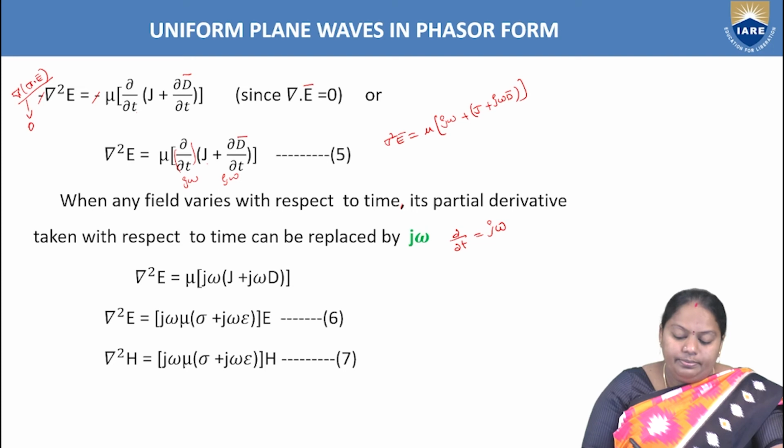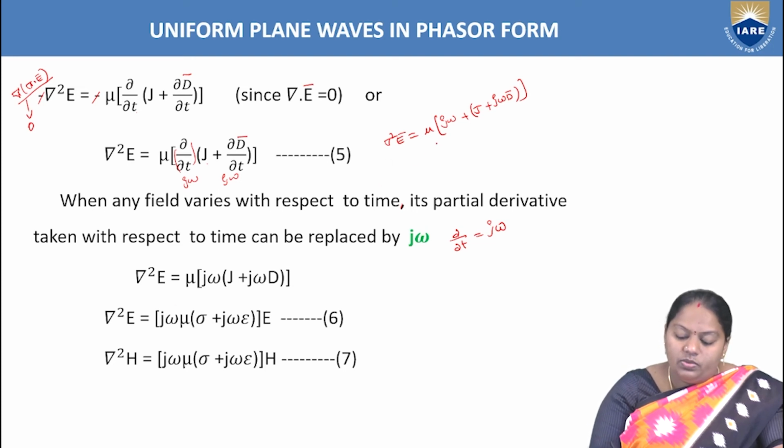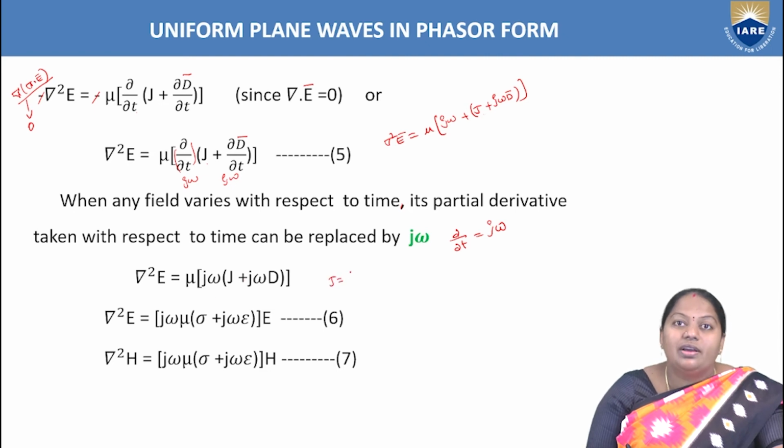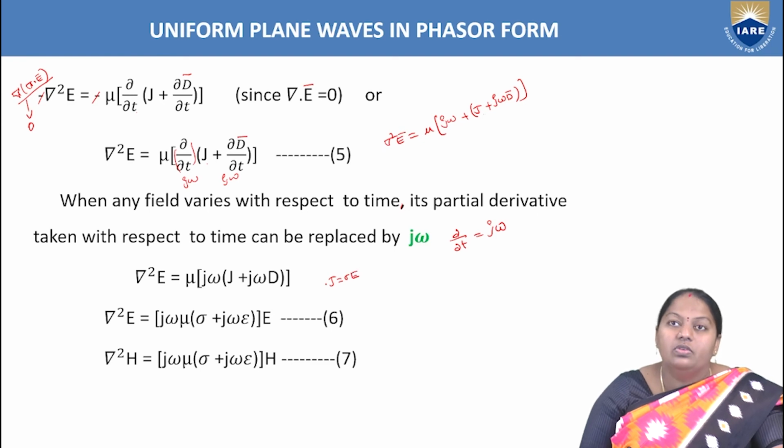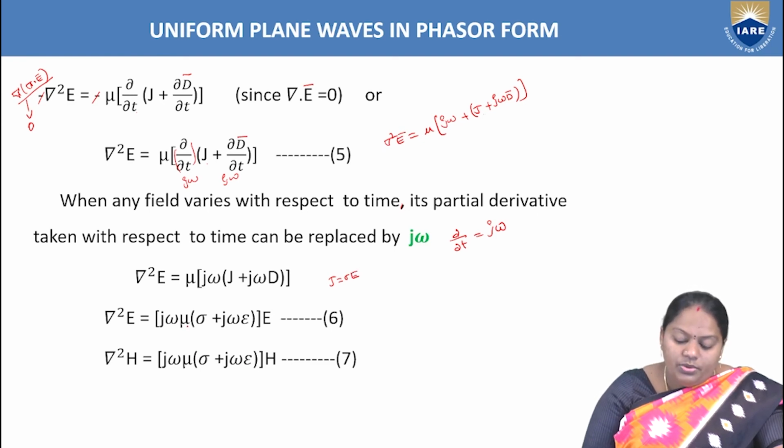Simplifying, J is the conduction current density, given by J equal to sigma into E. So j omega mu into sigma into E. Simplifying further, mu into j omega, J means sigma into E, plus j omega D bar, which is nothing but epsilon into E.